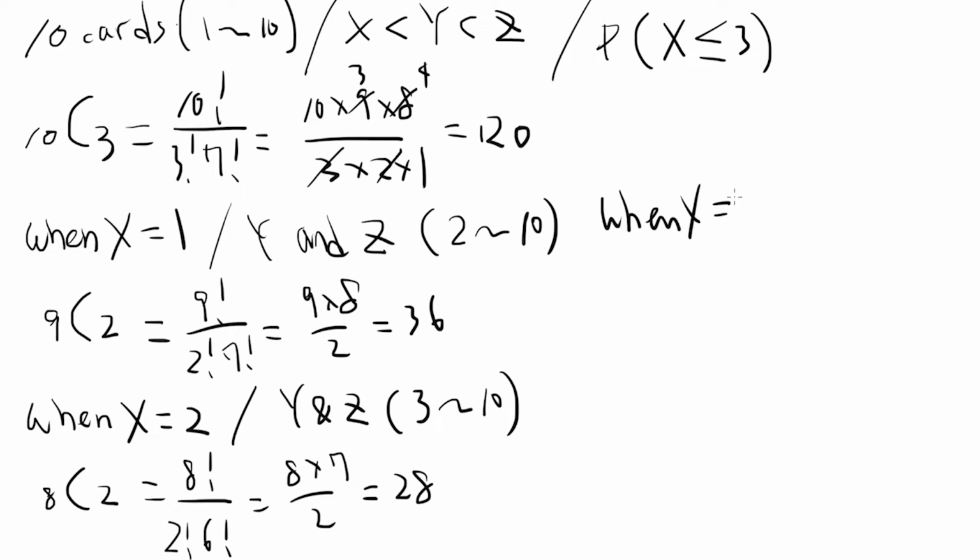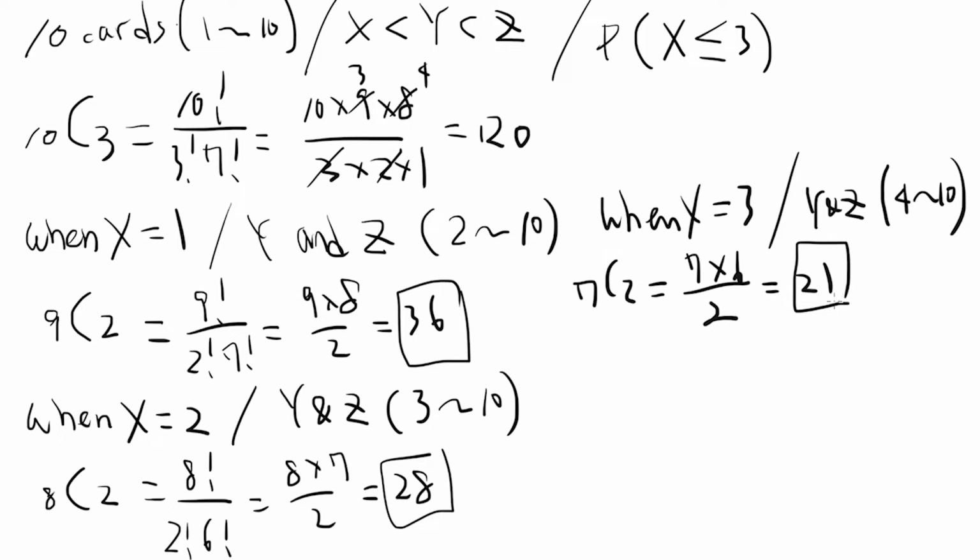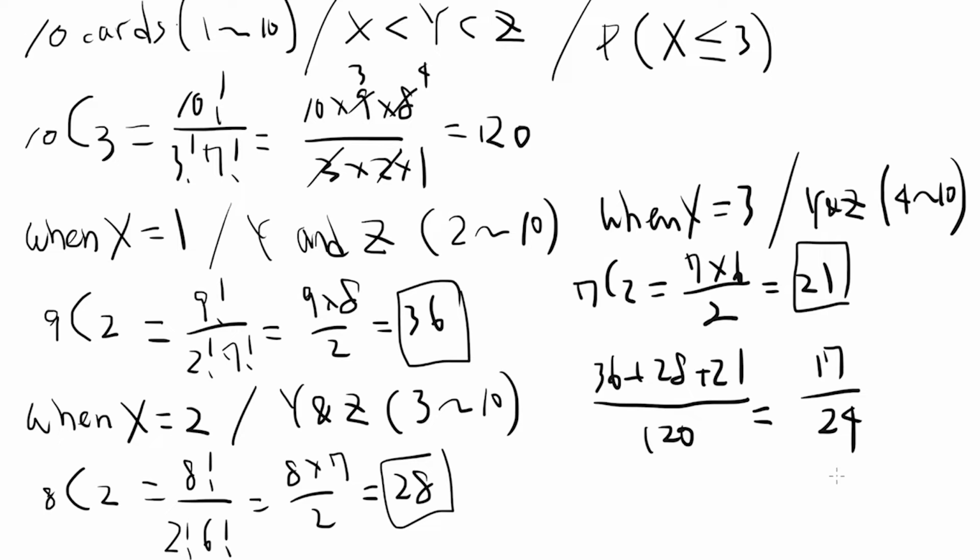When x is 3, y and z can be between 4 and 10. So 7 choose 2, which is... And let's add these 3 numbers and divide the sum by 120. This equals 17 over 24, and this is the answer.